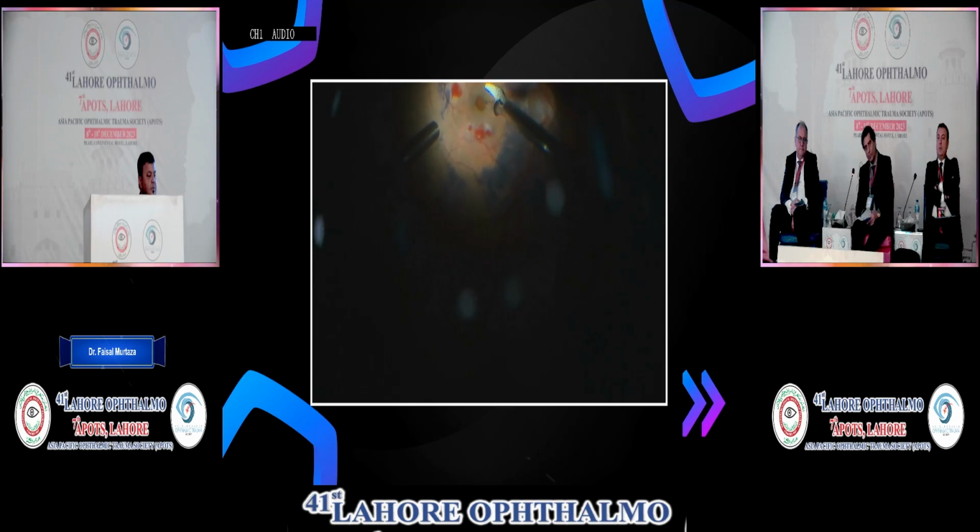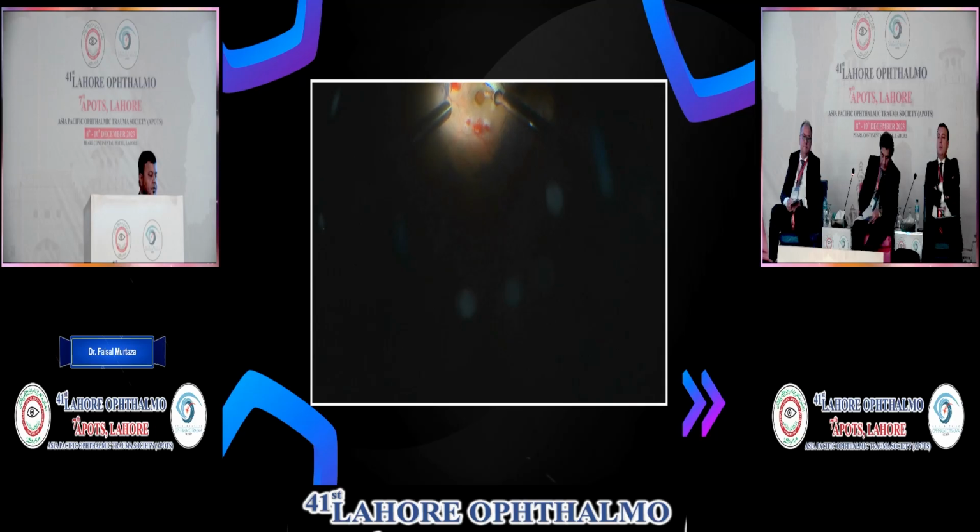Increase the height of the bottle so that you do not come across the bleeding, which is usual. The inferior margin, a very small cut. And then the superior margin.